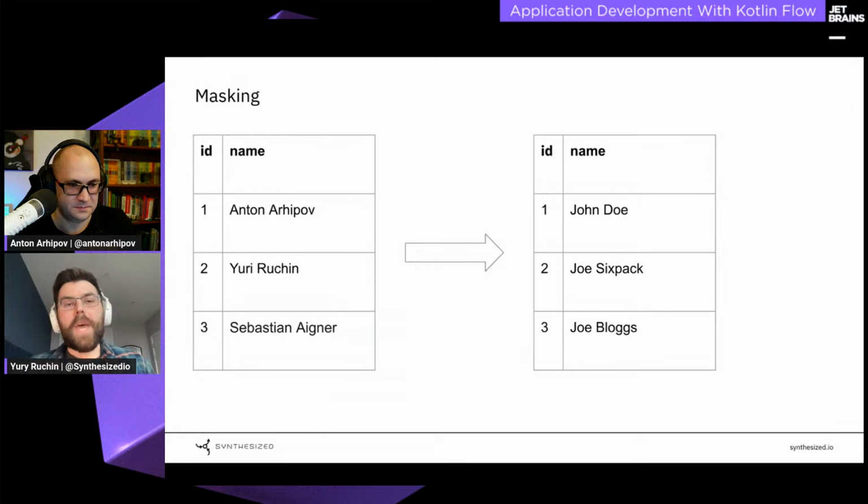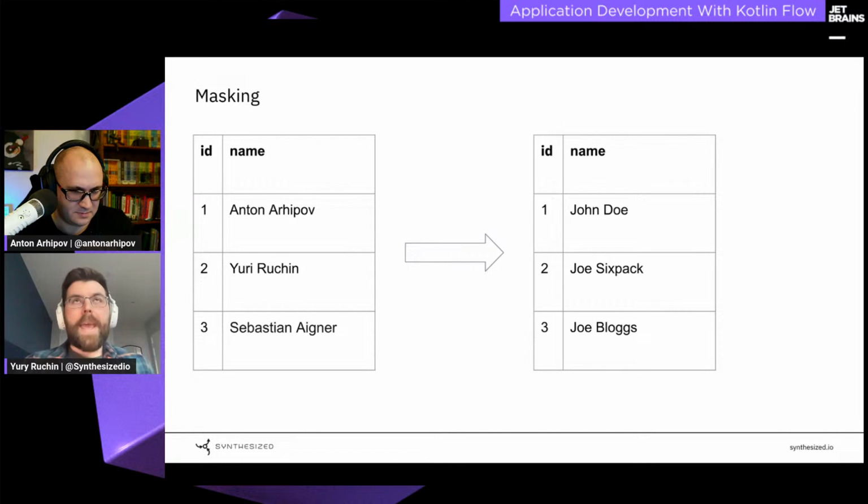As I mentioned, we want to get data at the output that resembles the original one. So if we have this band of three nice young people and we apply masking on top of this data, particularly this name attribute, we want to get names in the output which still look like names, but those are not real persons.